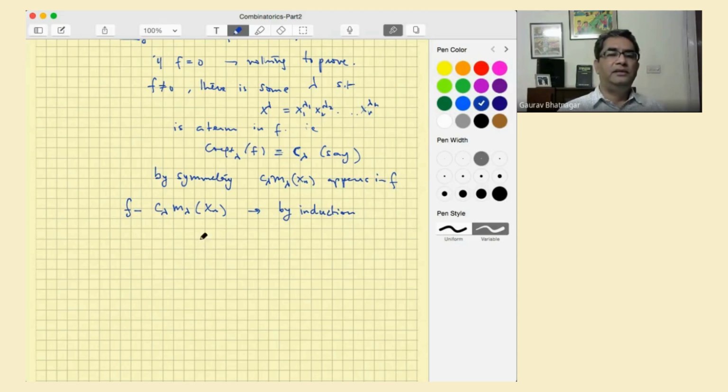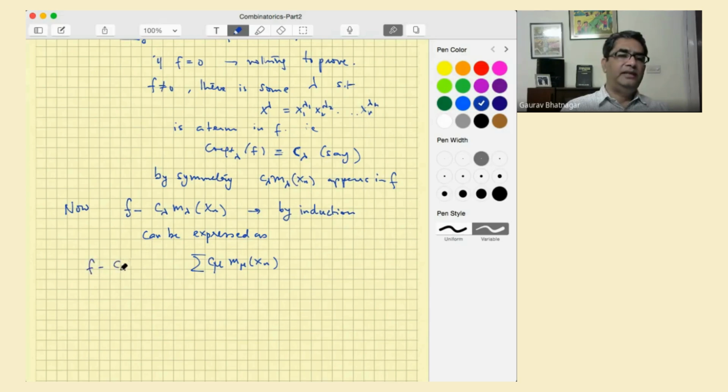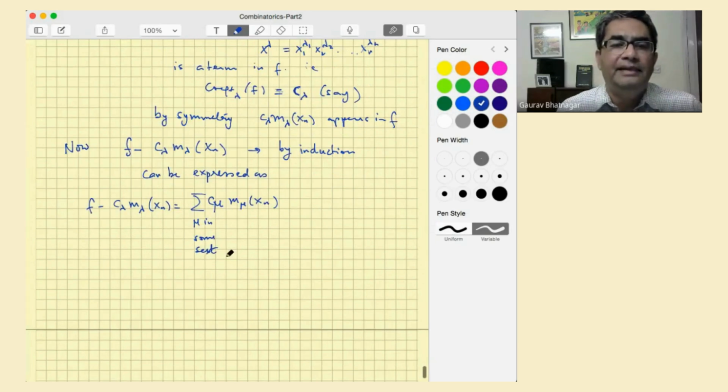So by induction it can be expressed as a summation of c_mu m_mu of x_n, mu in some set. And then we are done.